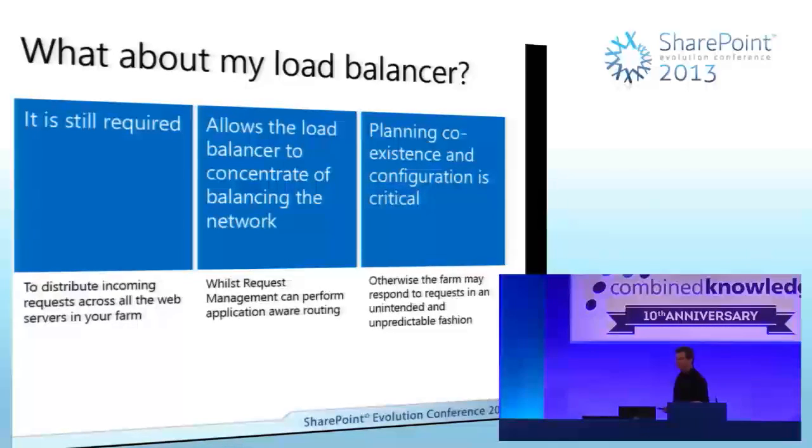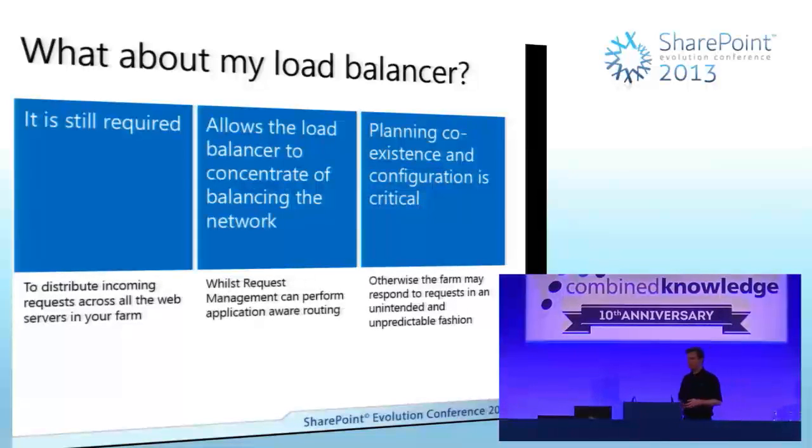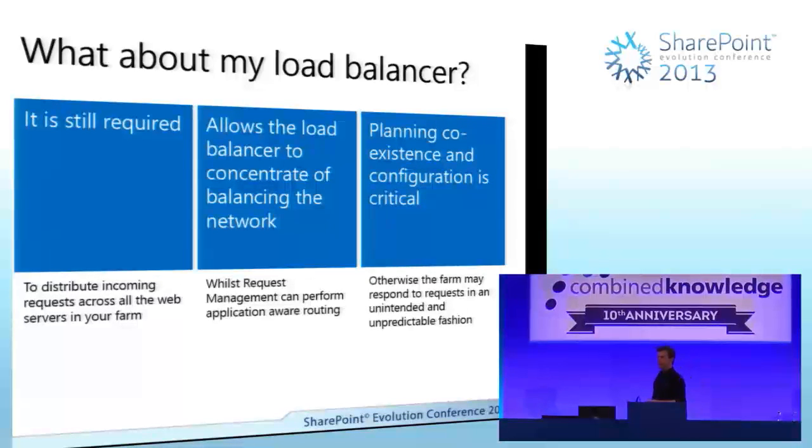And we also have to understand different load balancers work in different ways, and how they understand the health of the servers in the farm is done differently across different vendors. And so we need to plan out the coexistence of these 2 things together. If you're using Microsoft's software network load balancing service, life is good, because in many respects, NLB is ignorant of the application layer.